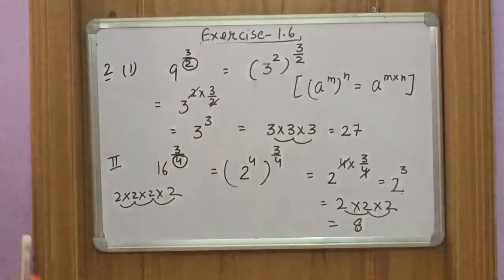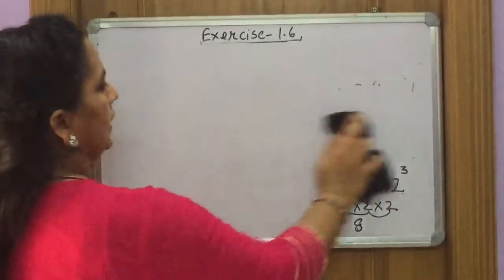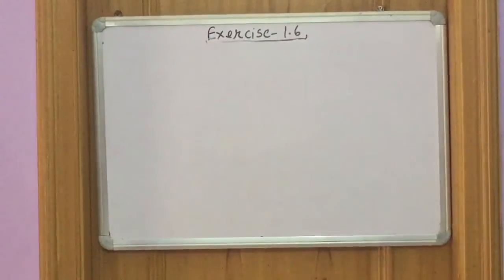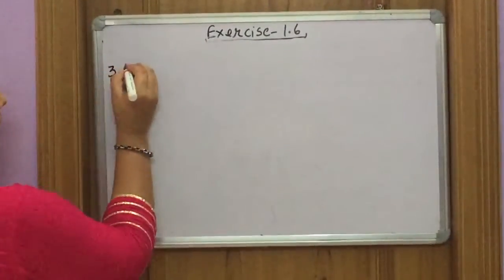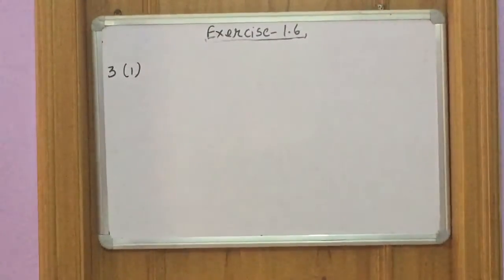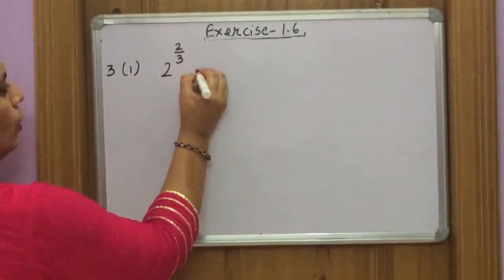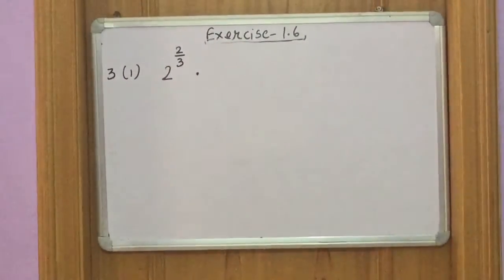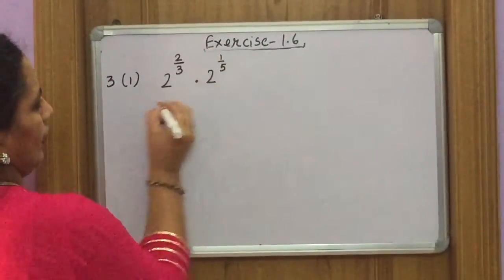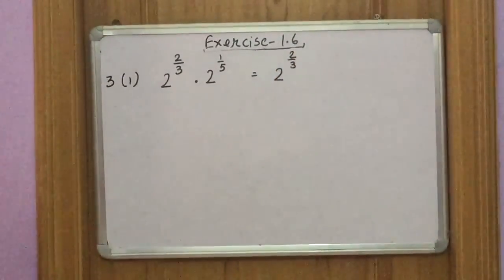Next is question number third. Part number first. Statement is simplify 2 raised to power 2 by 3 dot 2 raised to power 1 by 5. Here dot is in the place of multiplication.